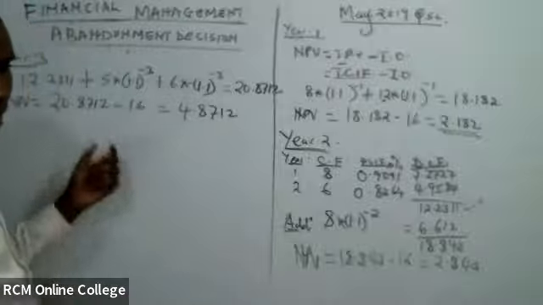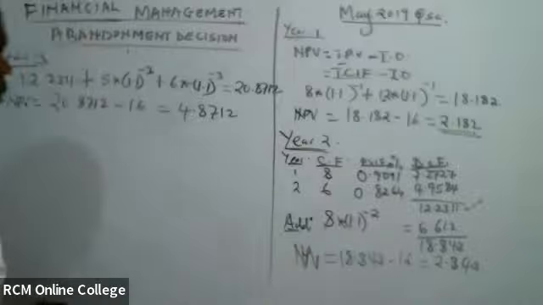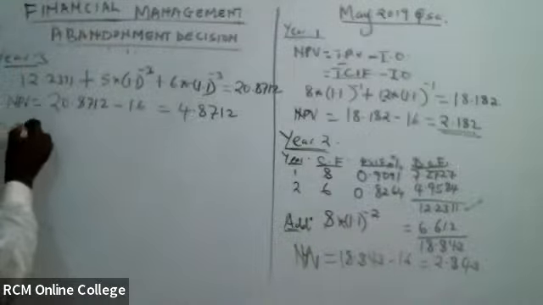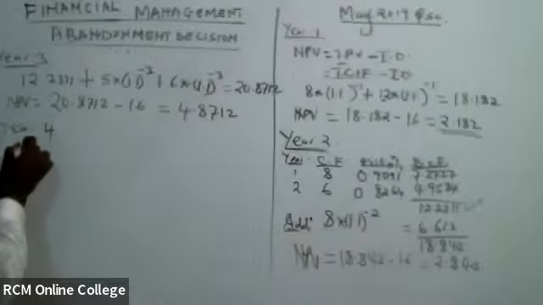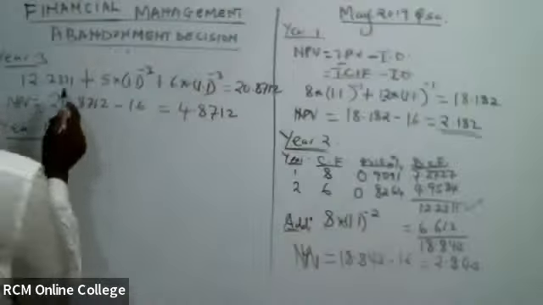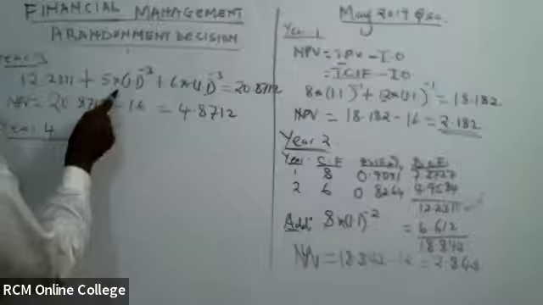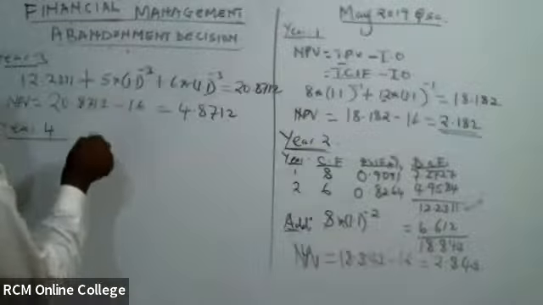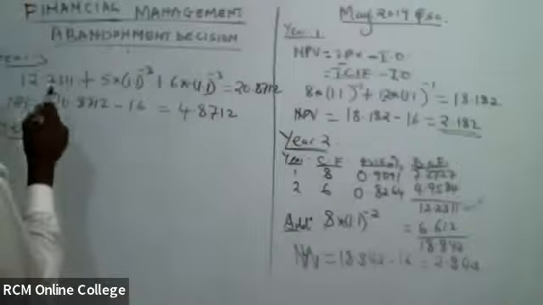In fact, once you go, everyone is confirming that is okay. Then you go to year 4 class. For year 4, I don't have to repeat these and also these. I have just to come and add year 4 present value.